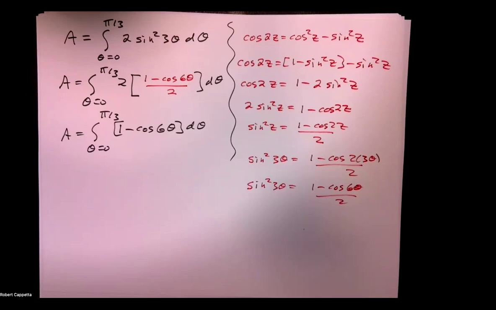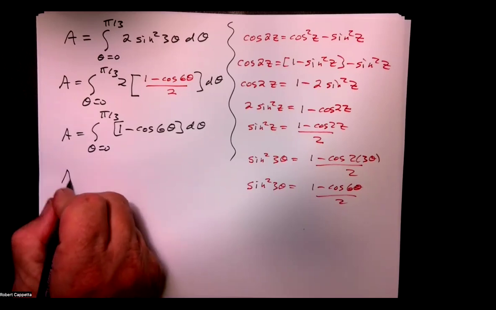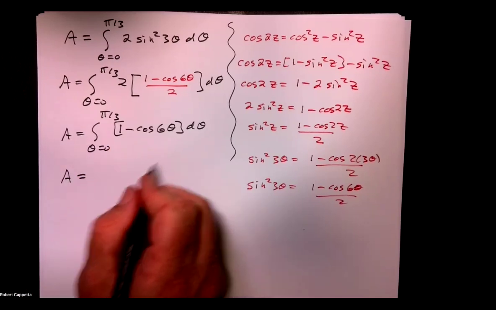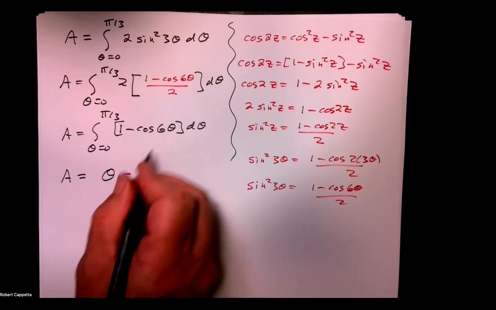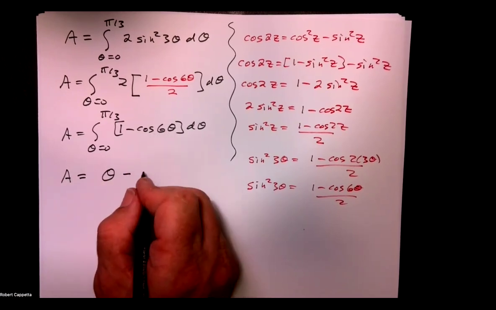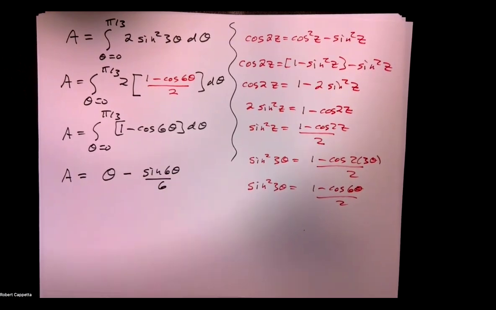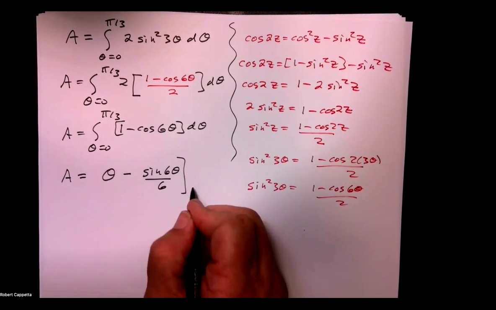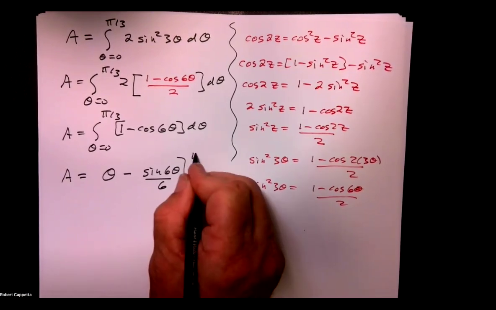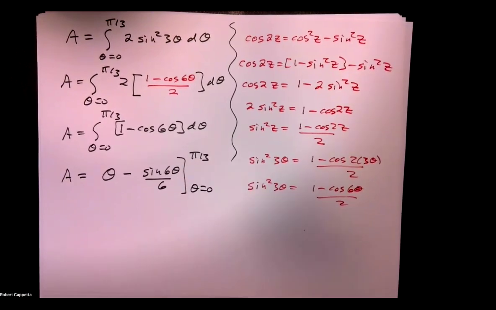Now that we're here, we can do our antiderivatives. What are they going to be? Antiderivative of 1 d theta is theta. Antiderivative of cos 6 theta would be sine 6 theta over 6. Use a u-substitution if you need to. Evaluate it as theta goes from 0 to pi over 3. So where does that put us?